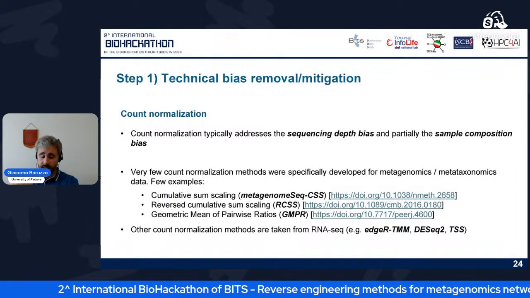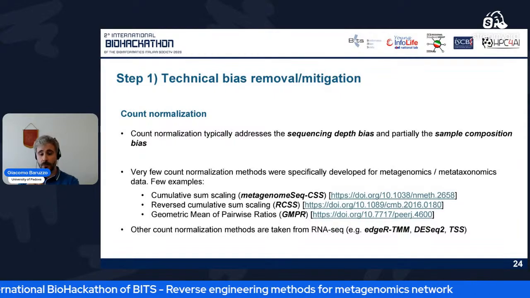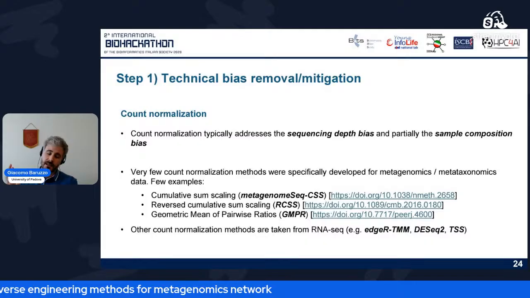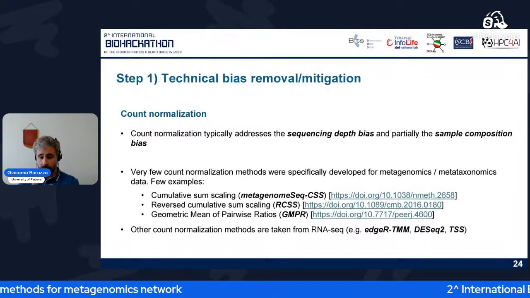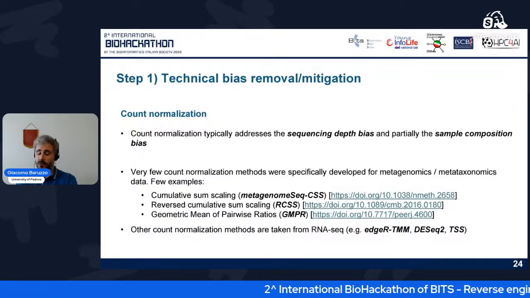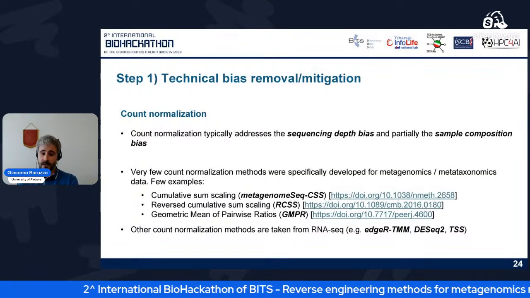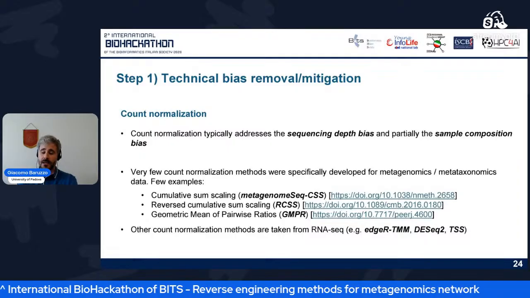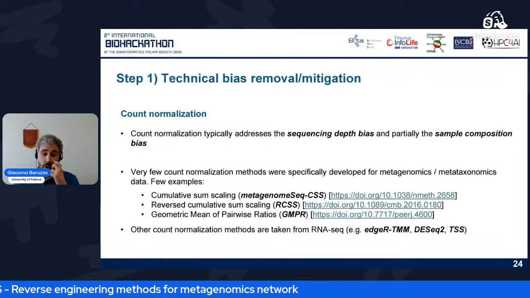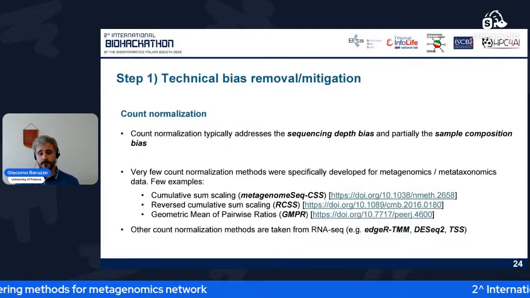Again, very often people use methods developed for other kinds of omics sciences, typically single-cell RNA-seq and bulk RNA-seq. So very often you will see the TMM normalization or the DESeq normalization applied even for 16S count data analysis, even if the GMPR method especially should have very good performance in normalizing count data.